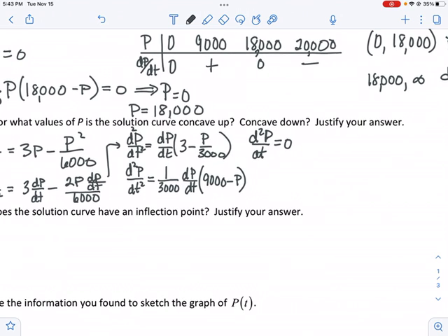And that occurs when p is equal to 9,000. Or for when the derivative is equal to 0. So that's when dp/dt is equal to 0. But when dp/dt is equal to 0, that occurs when p is equal to 0 or 18,000. Okay?